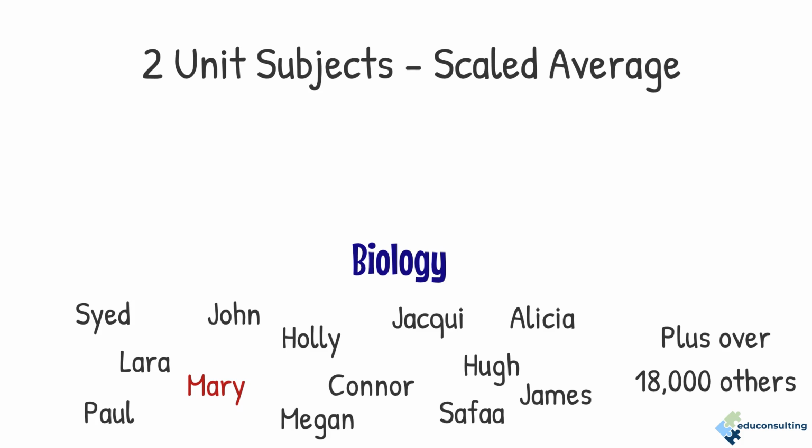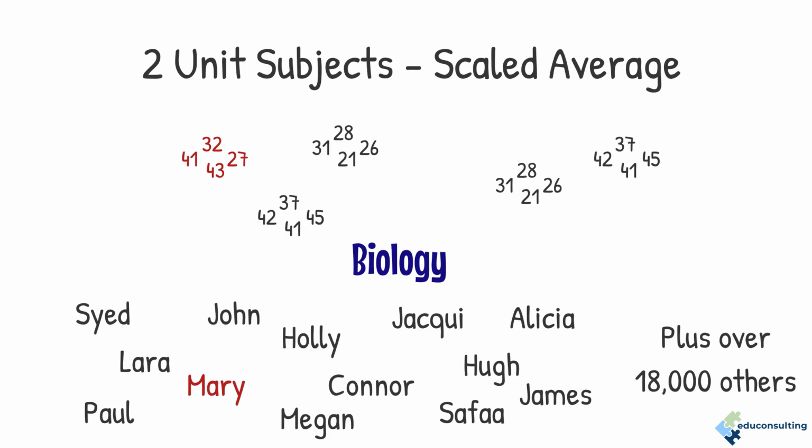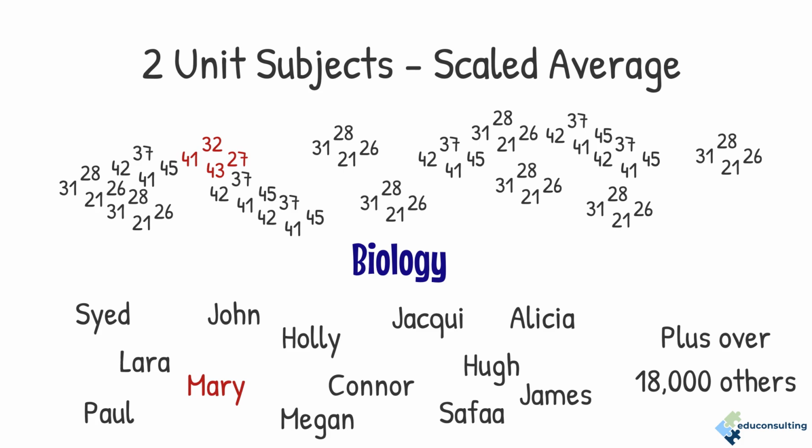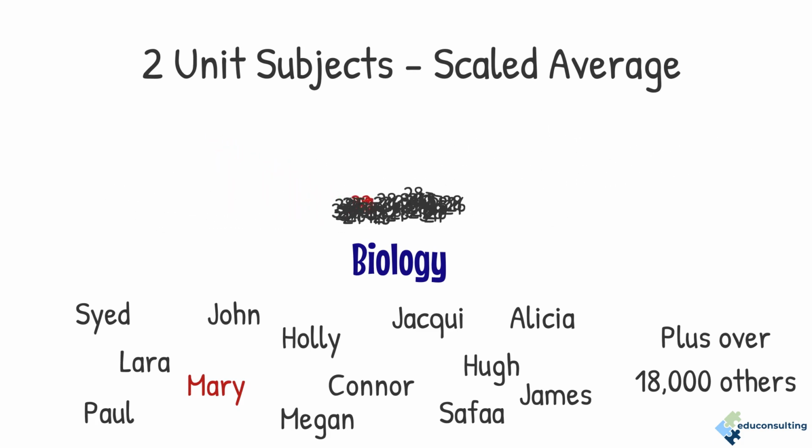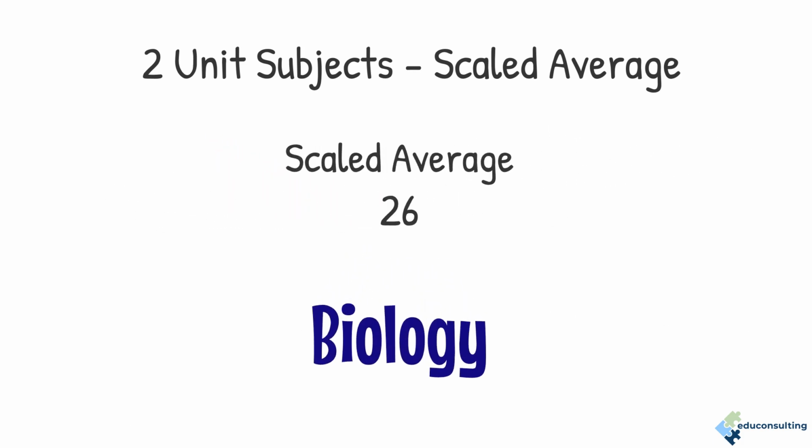So in order to calculate an average scaled mark for the subject, and this average scaled mark is for all of New South Wales, they take the results of every biology student in every subject except for biology, and they just add them all up. So for 18,000 students, you're talking many, many thousands of results, and whatever the average is of all those thousands of scaled scores in all their other subjects other than biology, that becomes the scaled average of biology.